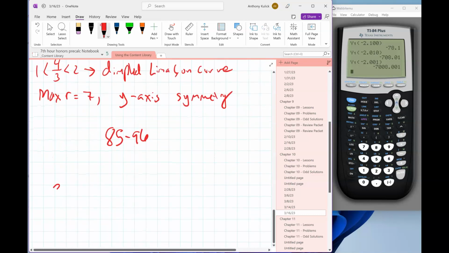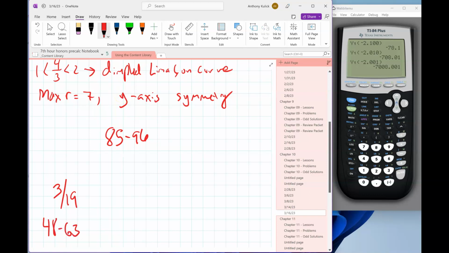So for this weekend, that's the 19th, what do we have assigned? Let's double check here.